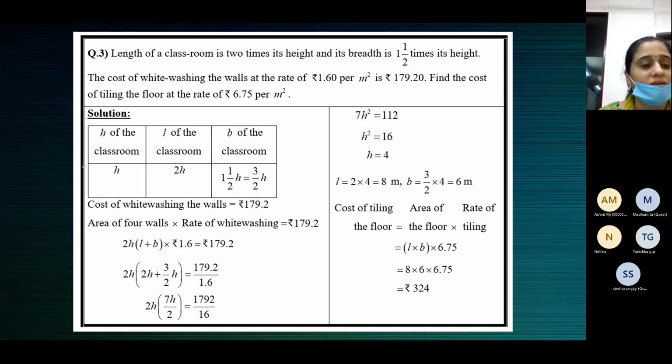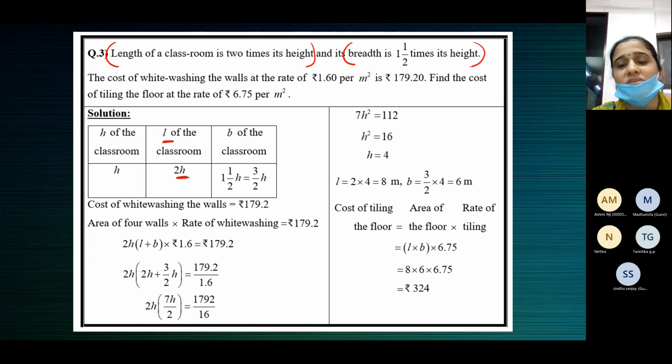So here it's given that the length of a classroom is 2 times its height. Somebody's mic is enabled, please disable your mic. Length is equal to 2 times its height, 2h. And its breadth is 1.5 times its height.